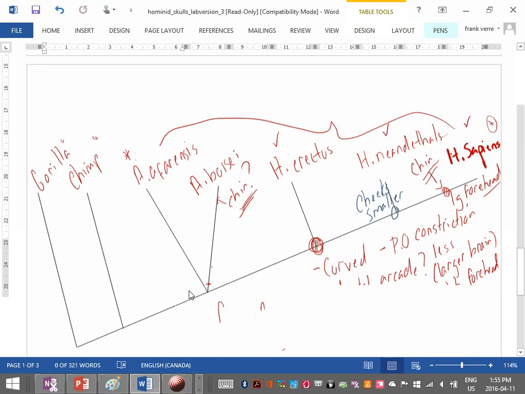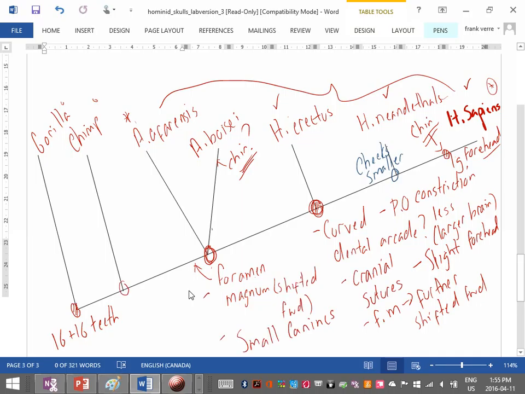So as we go from the left side, we have things with really big cheeks. As we go to the right side, we have things with really small cheeks, right? But the thing with the biggest cheeks is Boisei, and it sits kind of in the middle of the tree. So you could see examples of where things don't always go from one thing to another.